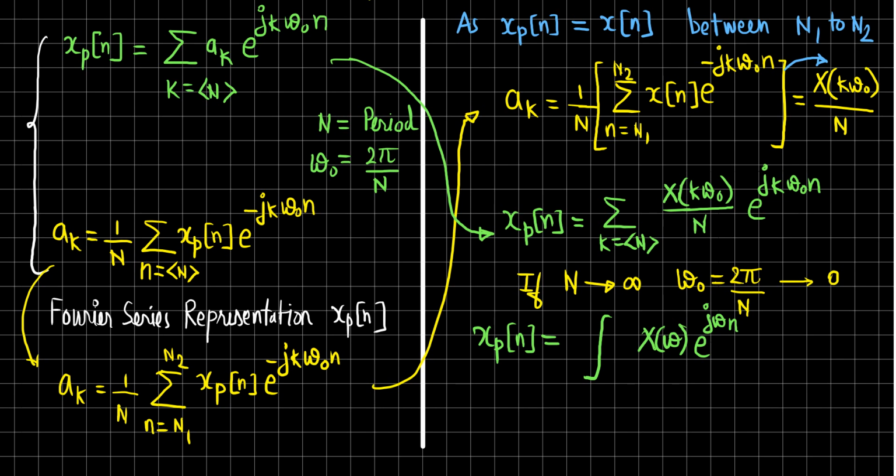So e power j omega n is going to be periodic with period 2 pi, and we know from the previous lecture that this complex exponential has the period of 2 pi, just because omega is a continuous variable here, and it repeats after a period of 2 pi.